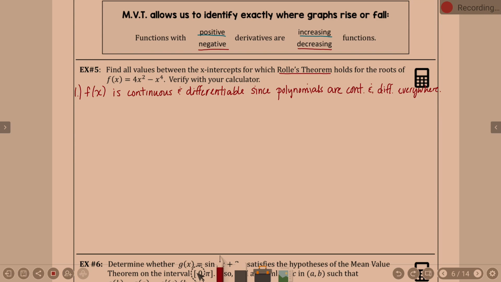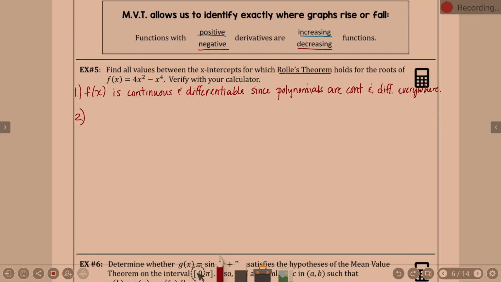Now, with this in mind, I've heard there was some graphing, yes? Find all values between the x-intercepts. When it says that, we need to figure out what our interval is, don't we?